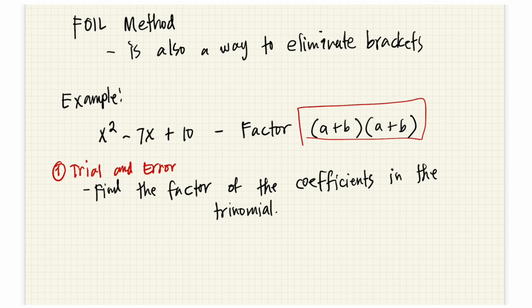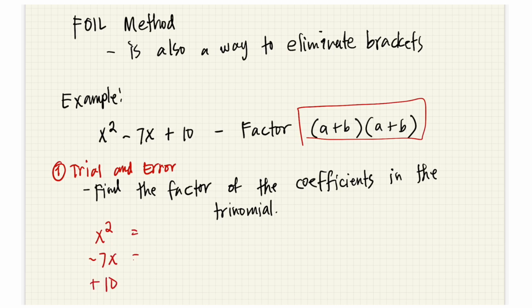All right, trial and error. First, find the factors of the coefficients in the trinomial. So what are the factors that you're going to have? In the trinomial, you have x squared, you have negative 7x, and you have positive 10.